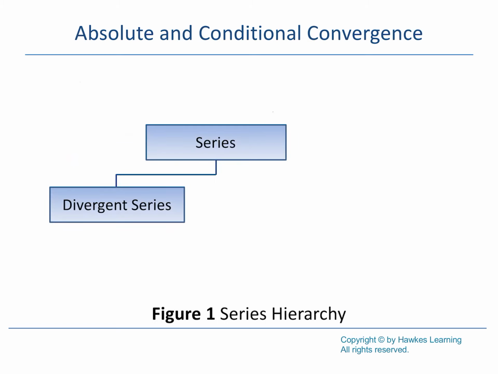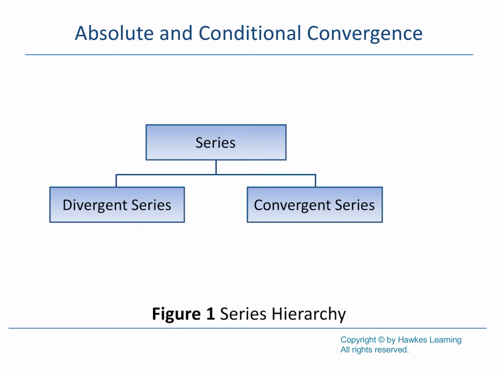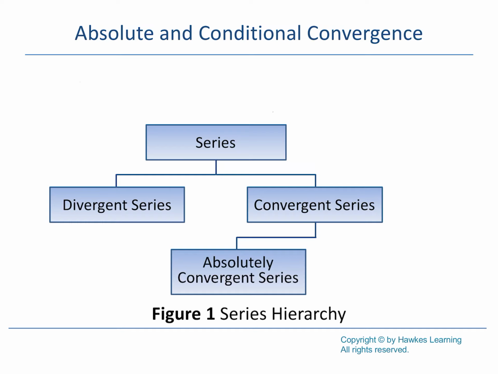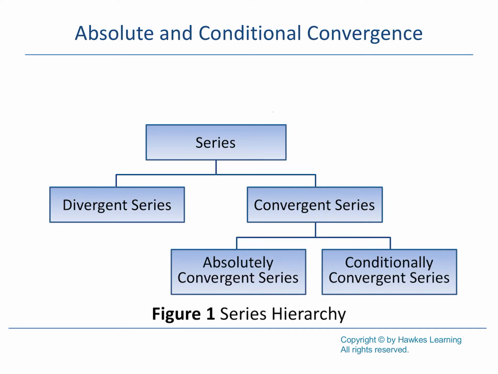So far, we've looked at series. Some of them have ended up being divergent, some have been convergent. Today, we're going to be looking at a subsection of series where we look at a difference between absolutely convergent and conditionally convergent series.